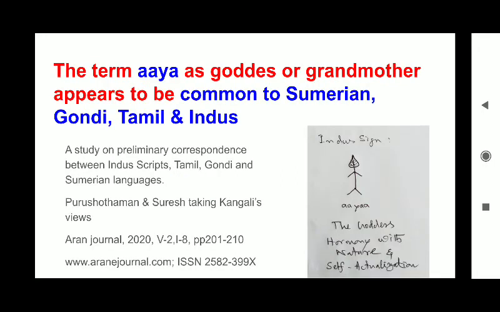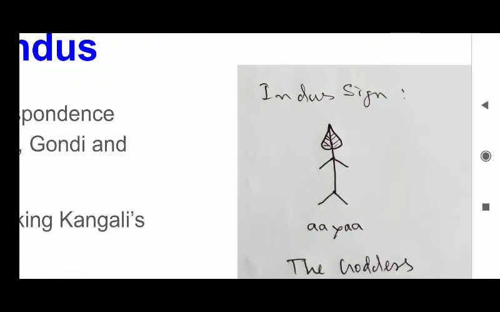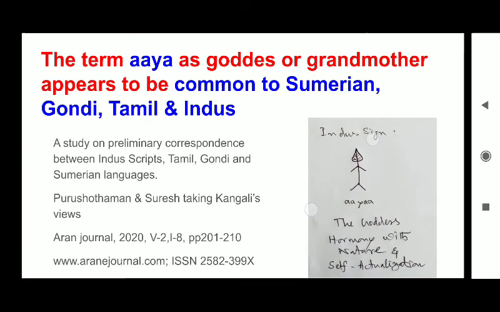And we have also brought out this term Aya as the goddess or the grandmother, that's common to all 4 languages, Sumerian, Gondi, Tamil and Indus, as it is interpreted by Gangali. And this particular sign, the stick diagram, the man with a crown of a leaf, and this leaf is having religious implications.